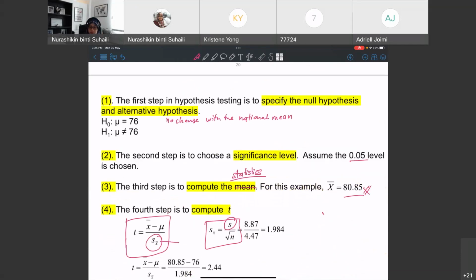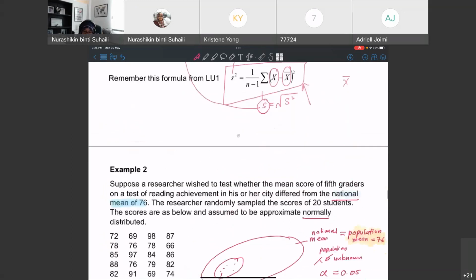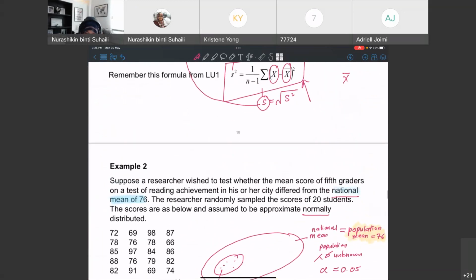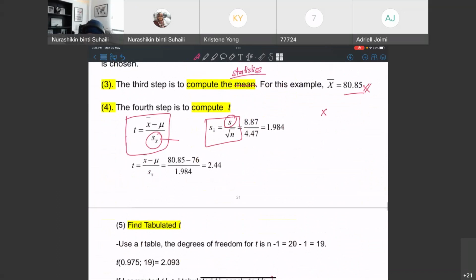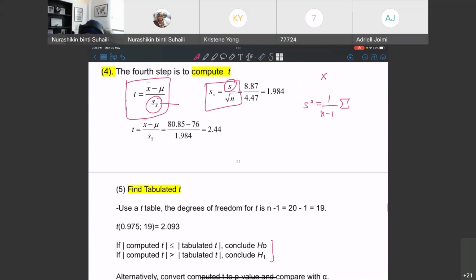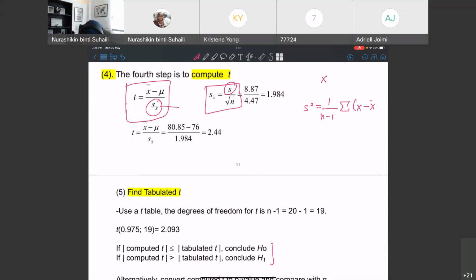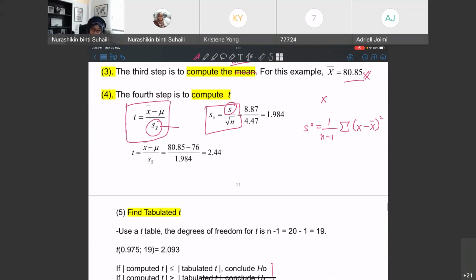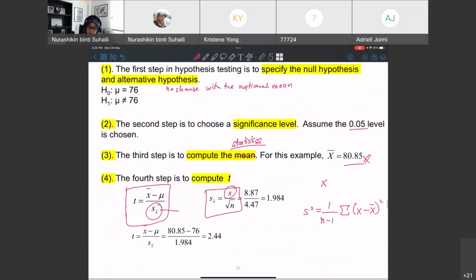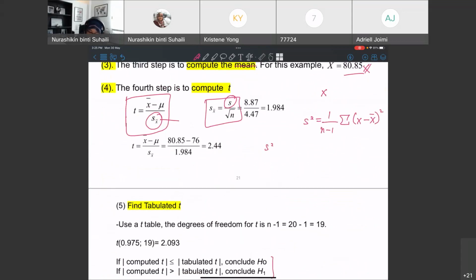So let me copy this equation. s squared is equal to 1 over n minus 1 times the sum of x minus x bar squared. Okay, that is the formula. So how do you want to use this formula? N is 20, because of the sample size. So you can write 20 minus 1 is 19.